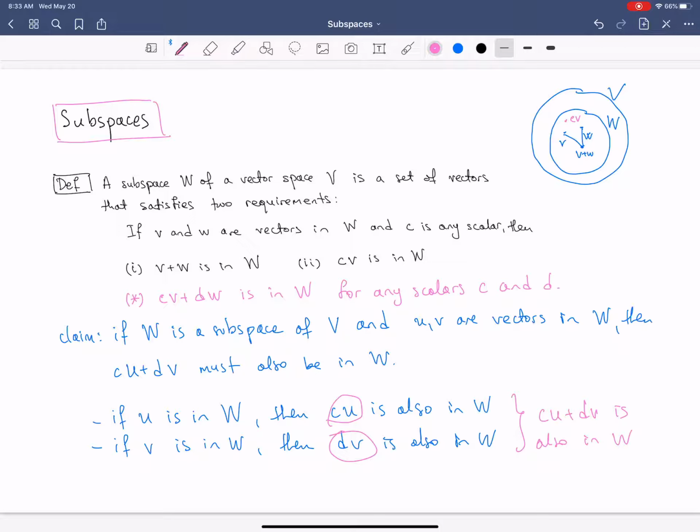So how would you generate a subspace given some vector space? If I have a vector space V, all I need to do is take one vector and create a space. I could add that vector to itself as many times as I like and create more vectors. That is the equivalent of multiplying that vector by any scalar, and I'm going to get infinitely many vectors that respect this structure.